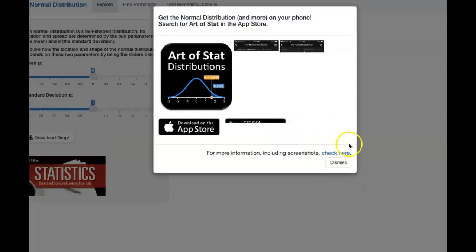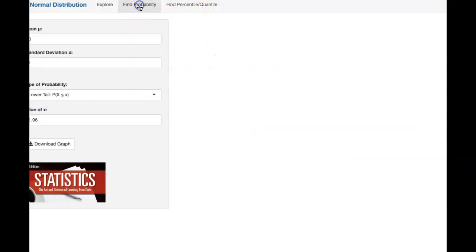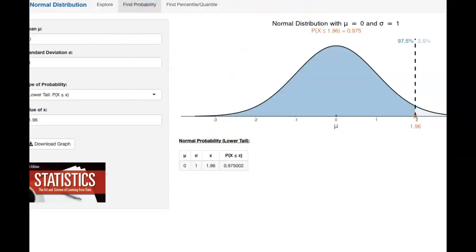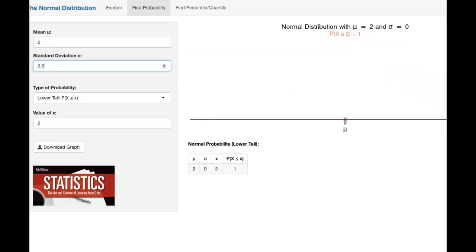I use the normal distribution, so I have the web apps open. We're going to calculate probabilities versus quartiles, which we'll do in the second case. The mean is 2, and you enter that in. The standard deviation is 0.5, and that goes there.